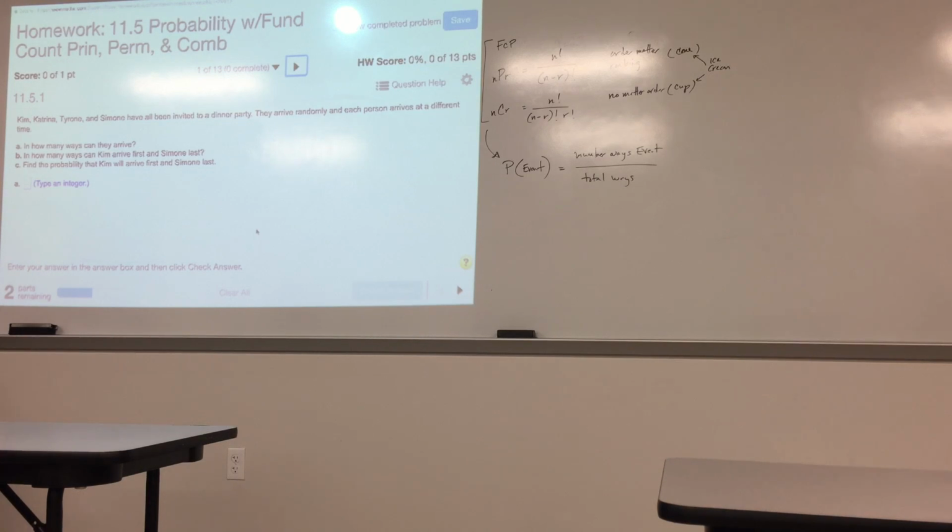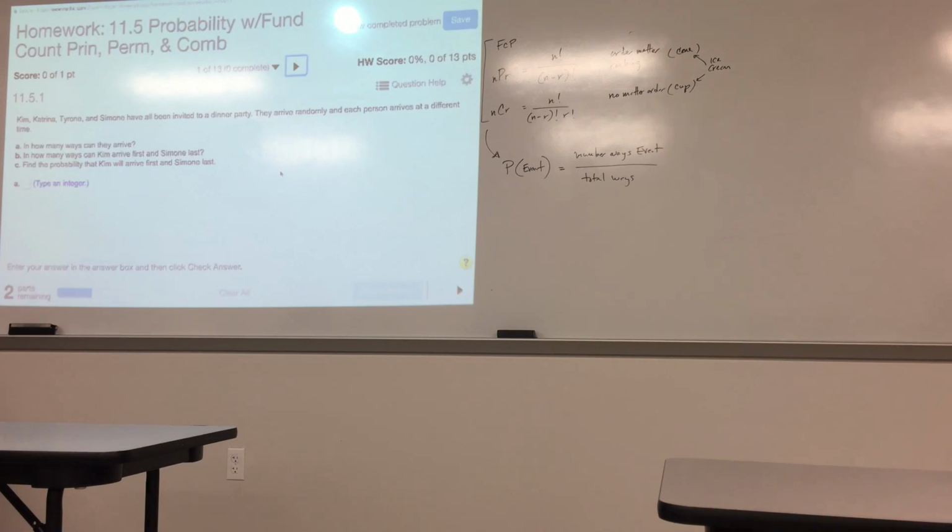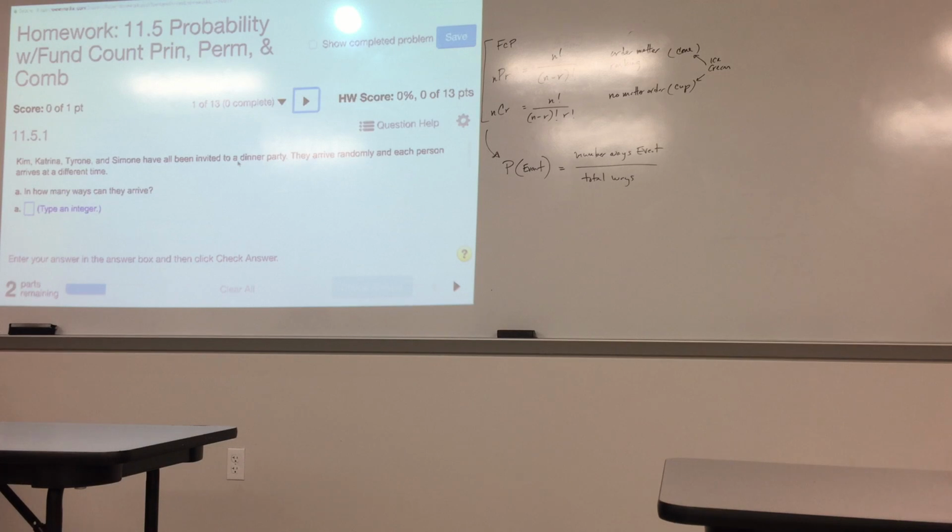So this first problem basically takes you through all of the steps to learn how to do a problem that combines permutations, combinations, and the fundamental counting principle with probability. Okay, let's take a look here. I'm going to read the problem.